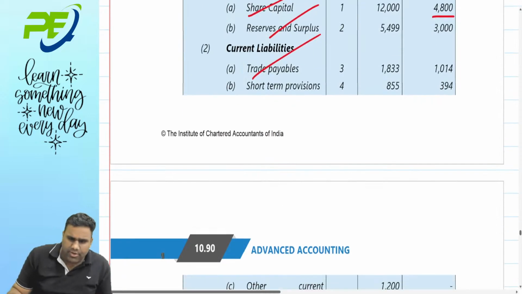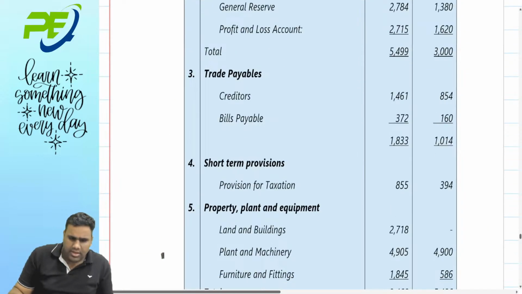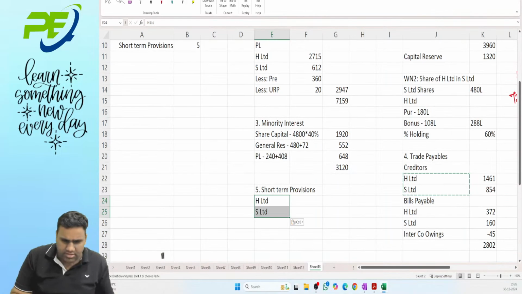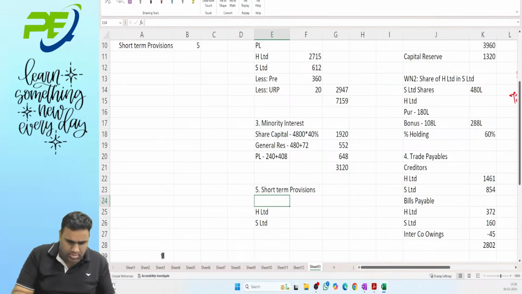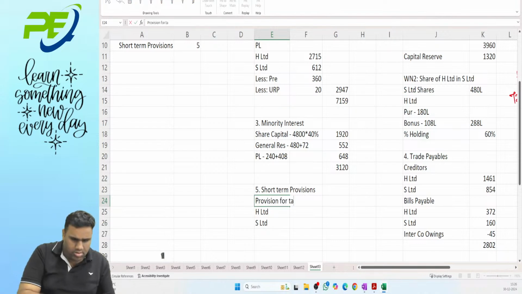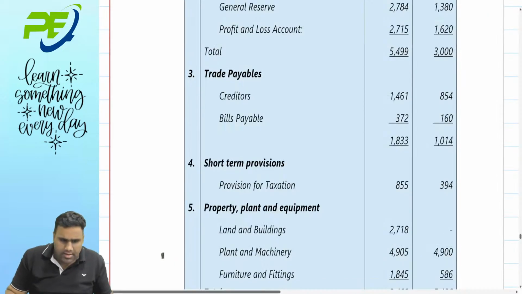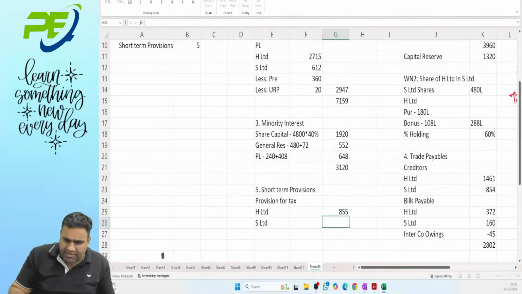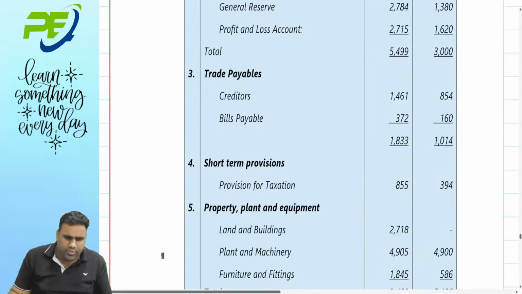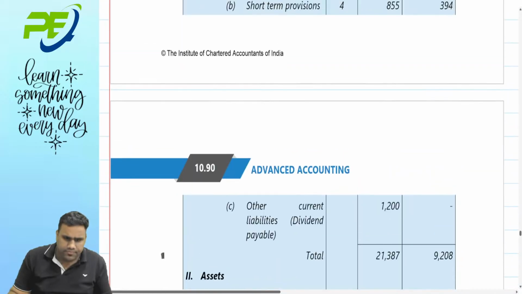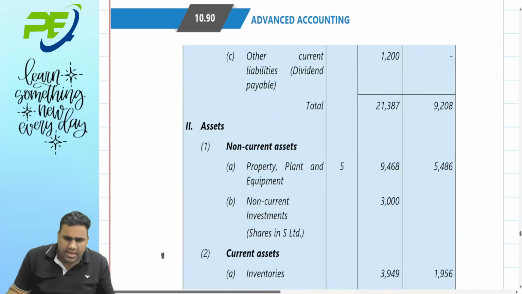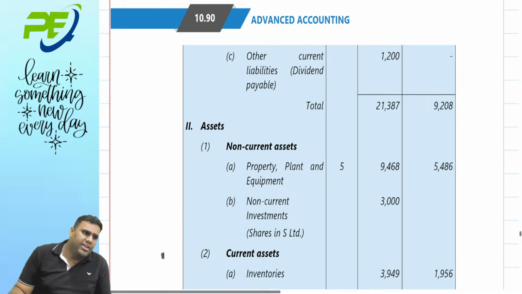Here, any adjustment required? It is provision for tax. Provision 855, 394, 1249. Short-term provisions over. Then other current liabilities, dividend payable, 1200. Will it come?